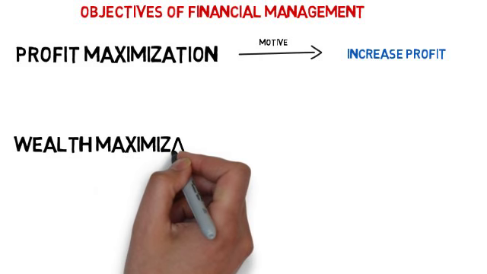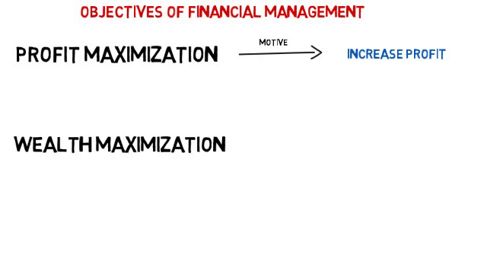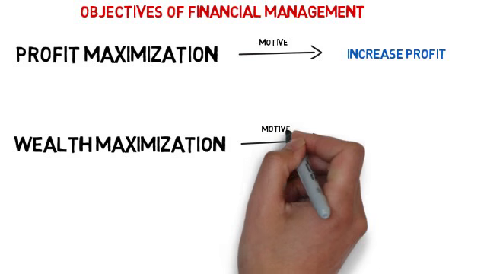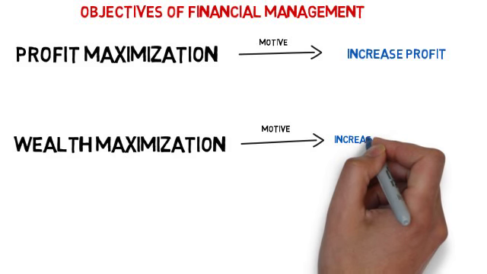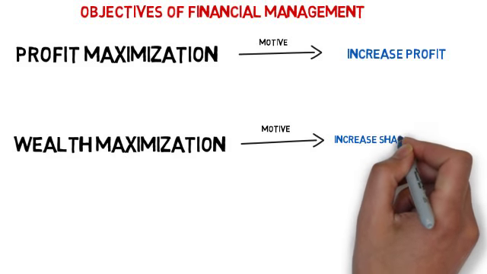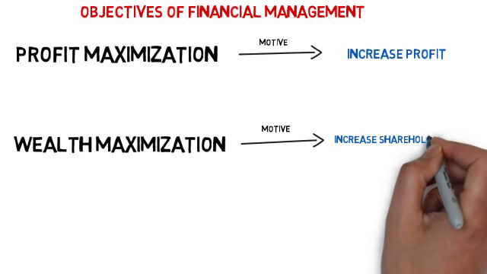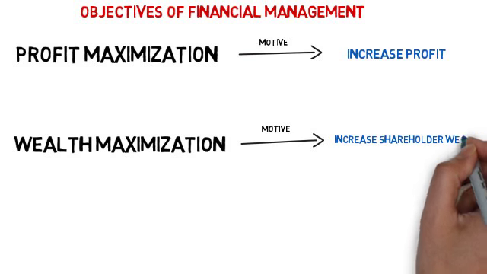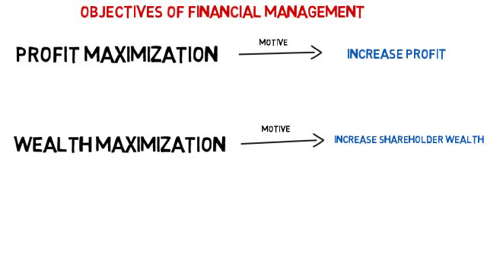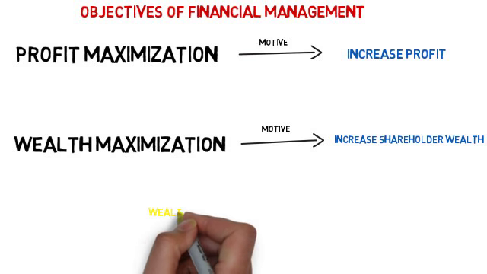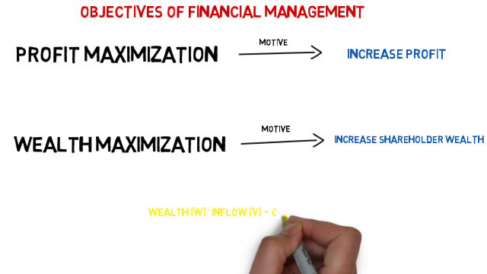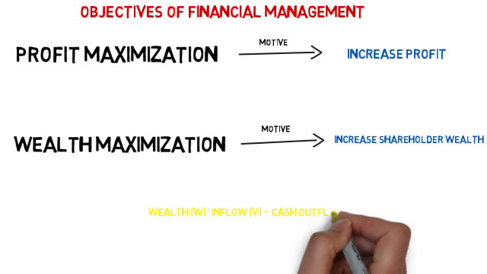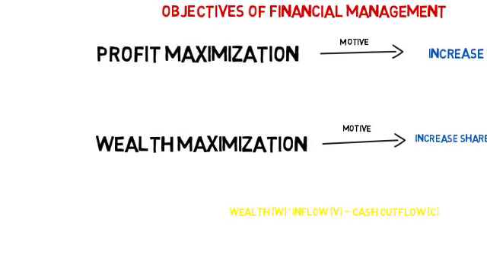In wealth maximization, the primary goal is to increase the wealth of the shareholders, that is, give the best returns to the shareholders and maximize their wealth and take care of their interests. All the decisions such as financing, investment, dividend, and liquidity are influenced by wealth maximization. This is considered as a long-term objective.